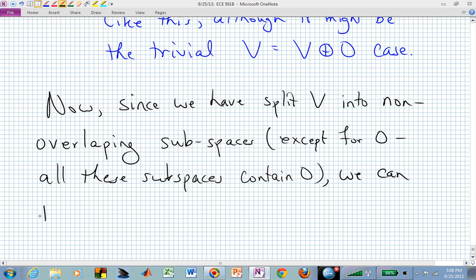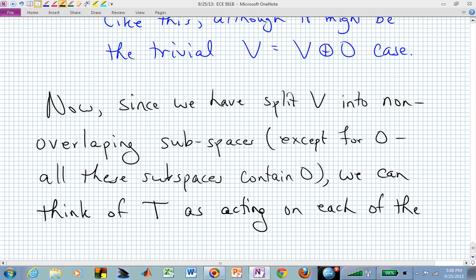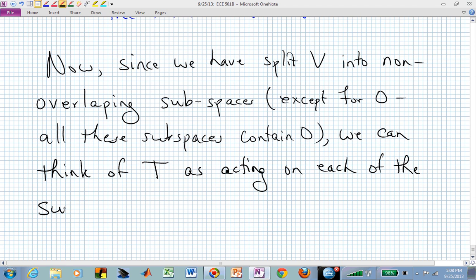We can think of these linear operators T as acting on each of the subspaces independently.